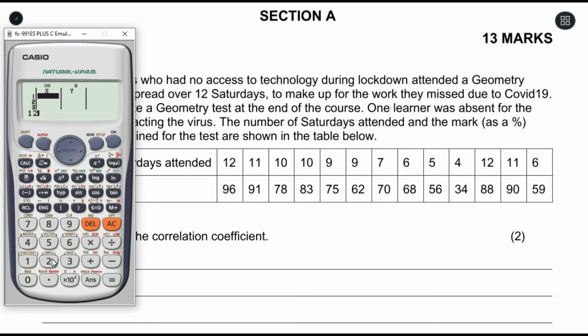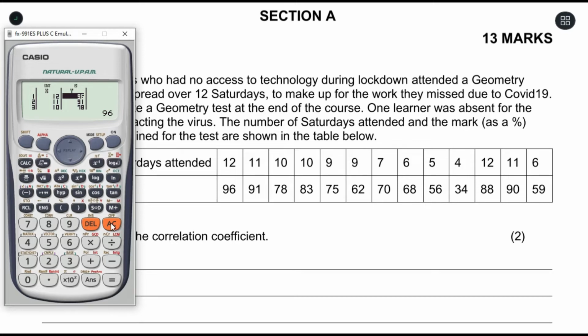So we have 12. Okay, so these are all your 13 values.